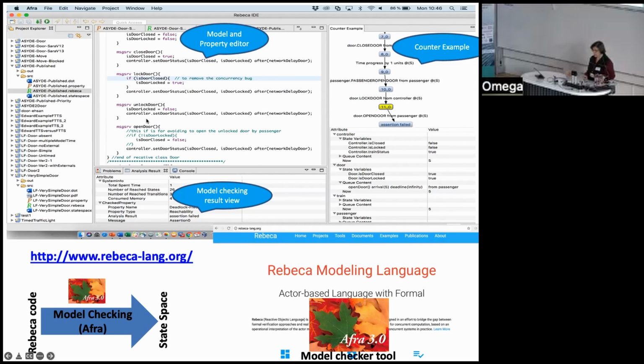So this is our tool. We have our tool in the Eclipse environment. You put in the Rebeca model here, you just press model check here, run, and you get back, if there is a counterexample, if something is wrong, you just get back the counterexample here. It shows you the trace, how you are moving to get to this point where the assertion failed.